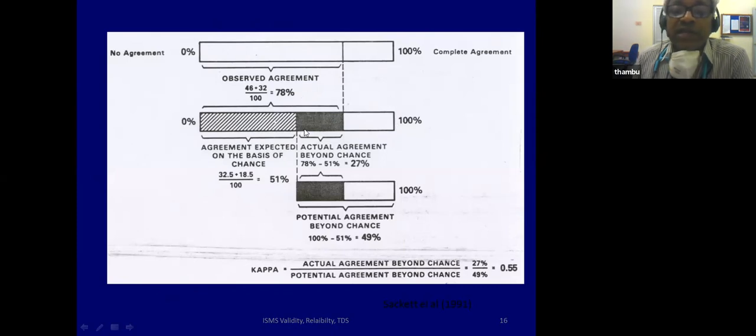So the potential agreement beyond chance is actually 49%, this whole amount. Of that, the actual agreement beyond chance is 27%. How did we get 27%? Observed agreement is 78%. The agreement based on chance is 51. So the agreement beyond chance is 27%.